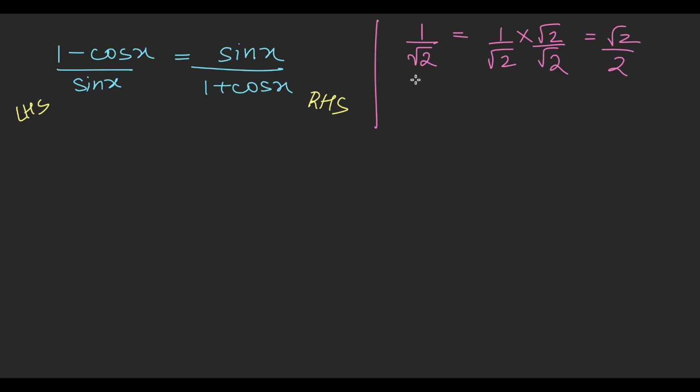Similarly, if I had the fraction, say 3 by 5, and I multiply both the numerator and the denominator by 2, I get 6 by 10, but 6 by 10 is also equal to 3 by 5. So I can multiply both my numerator and denominator by the same number or the same identity, but I will still get the same answer.